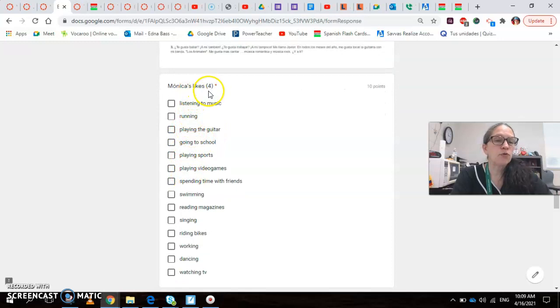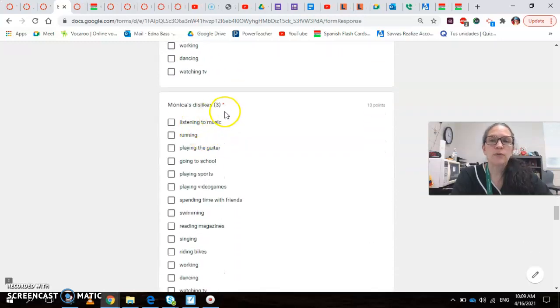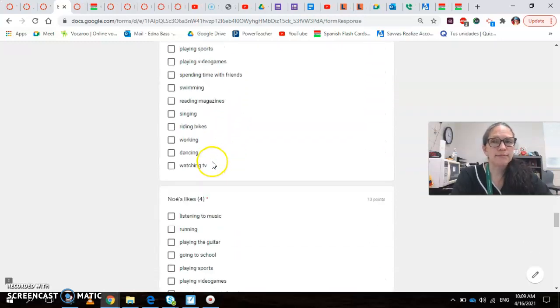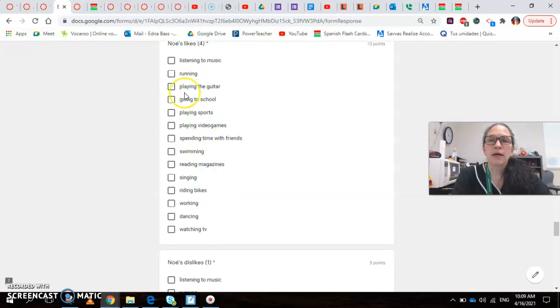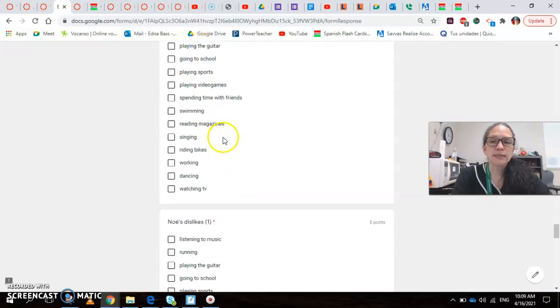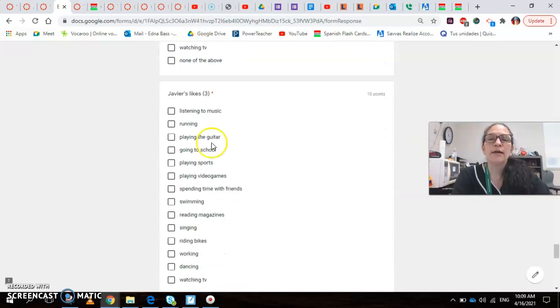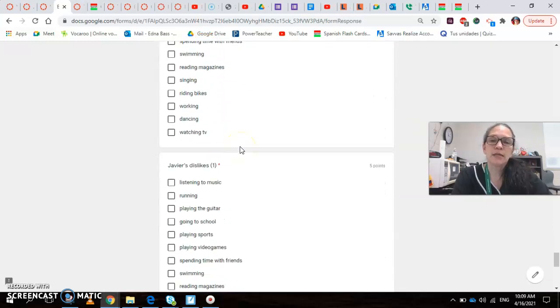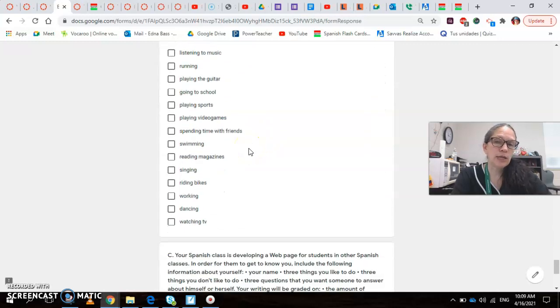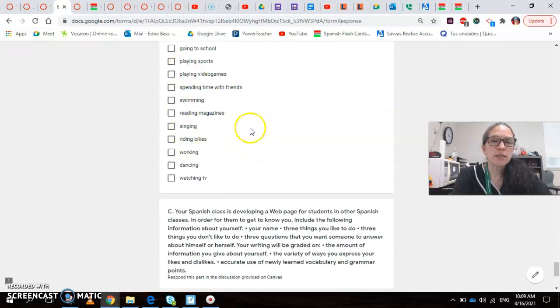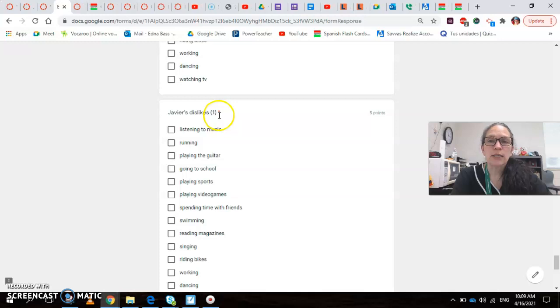Because she says 4 things she likes, and then 3 things she doesn't like. And then Noé says 4 things that he likes, and then 1 thing would be the dislike. And then Javier says 3 things he likes and 1 that he does not like. So you check the box according to the number that you see next to their name.